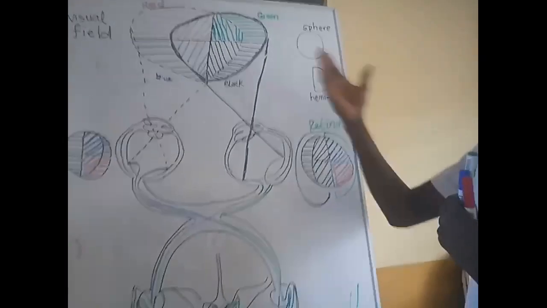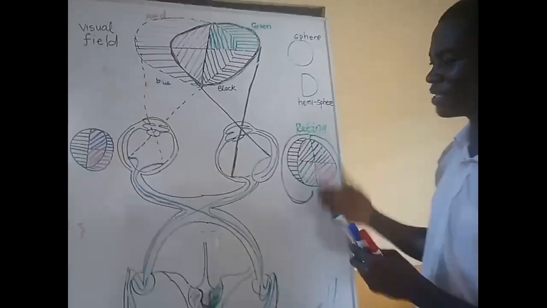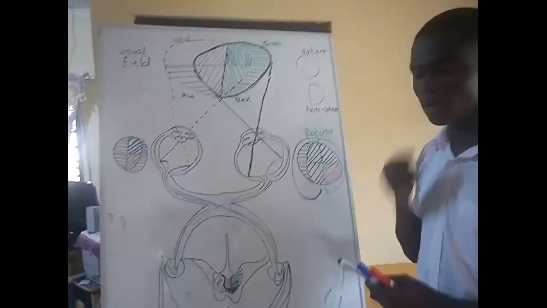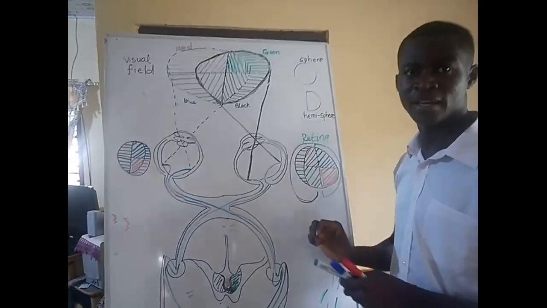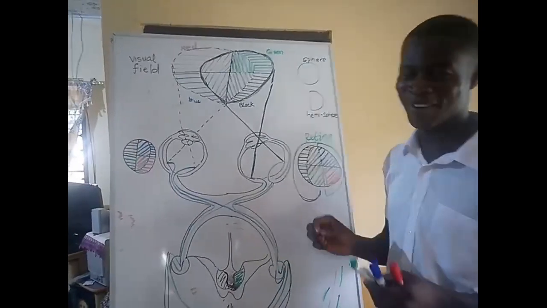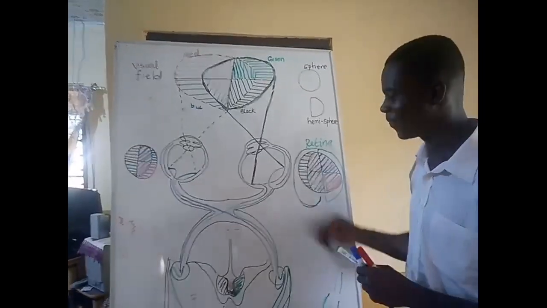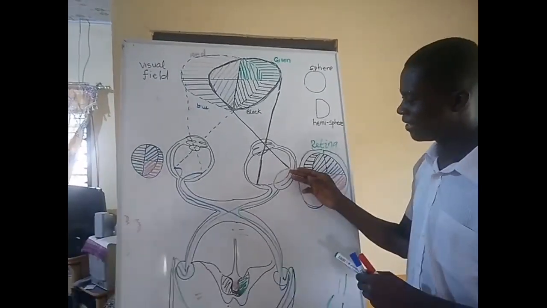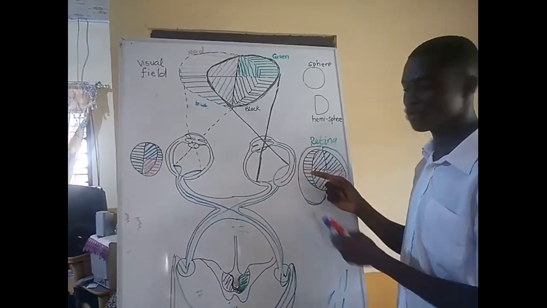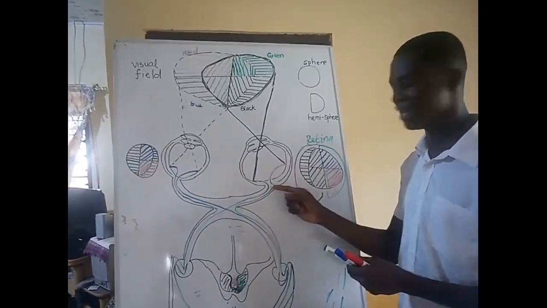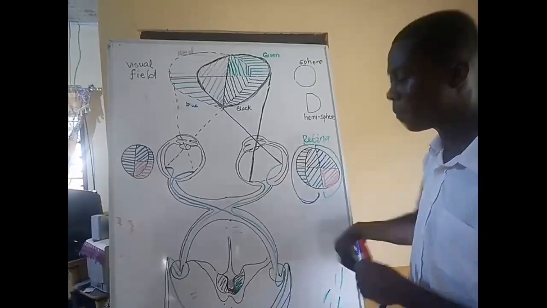So after the light rays are absorbed by the photoreceptors, which are the rods and cones, we know that the information is eventually given, or we must have read, but if you haven't read, then let's learn it now. The photoreceptors will synapse on bipolar cells, and bipolar cells will in turn synapse on ganglionic cells, and from the ganglionic cells we have the optic nerve.